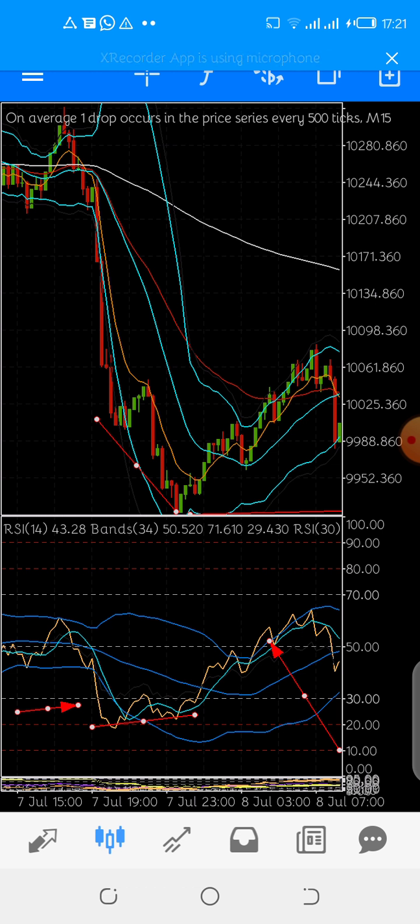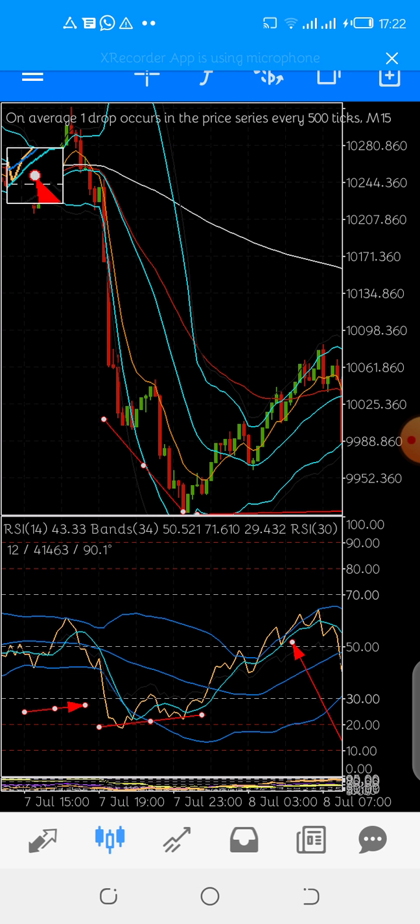So it is outside of the Bollinger Band, but it is still mostly around the 50-60 area. Now, if we continue up here, we have less than 5 to reach 70. So maybe that is around 65, and still it is outside of the Bollinger Band. It is a shark fin, a shark in the water.